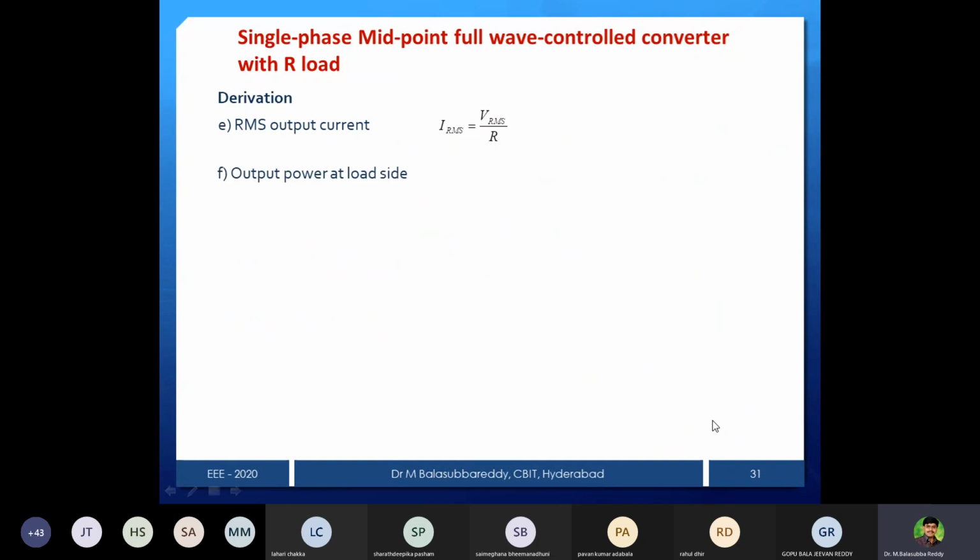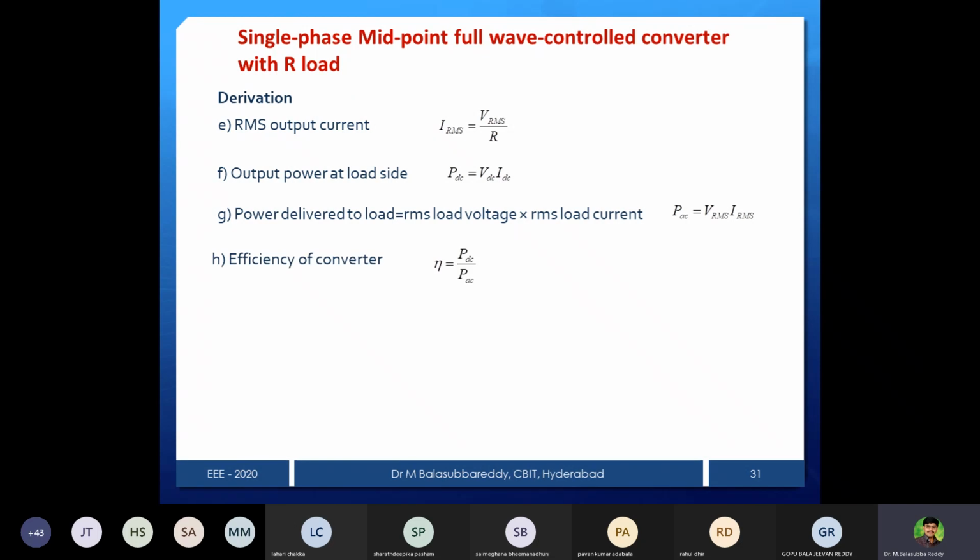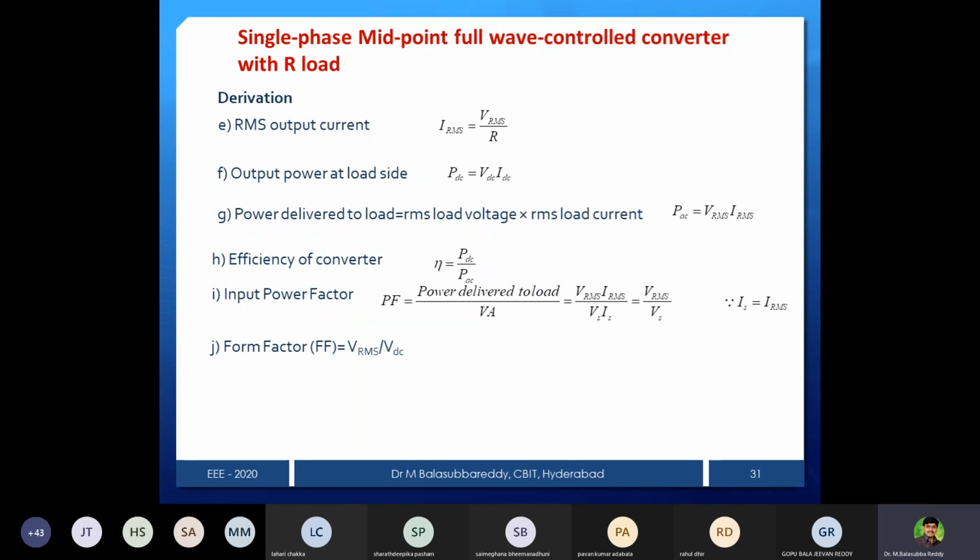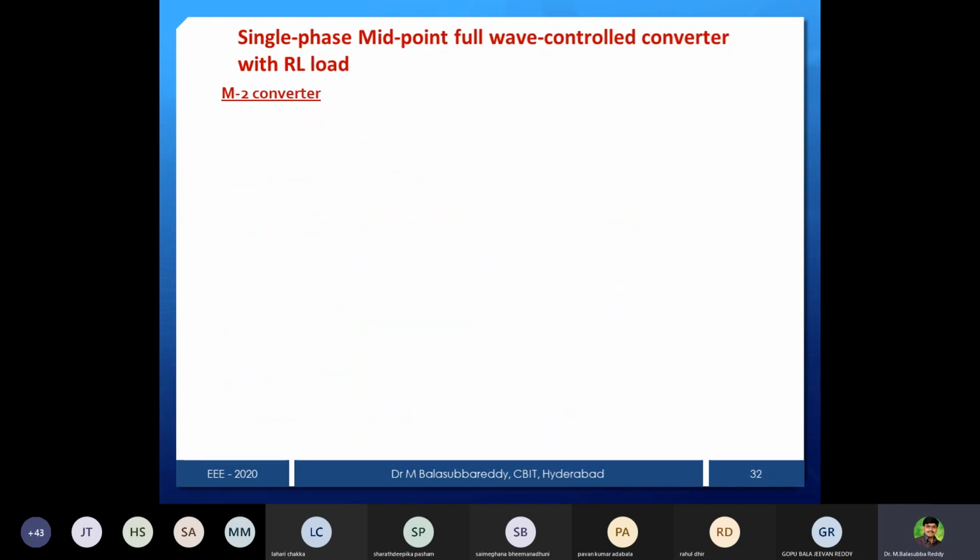IRMS is VRMS by R. Power delivered to the load, the output side load power PDC, and power delivered to the load VRMS into IRMS, everything the same as those formulas. Efficiency is PDC by PAC, and power factor is power delivered to the load by volt amperes, that means VRMS by VS. Likewise form factor, ripple factor, transformer utilization, all these are just formulas.